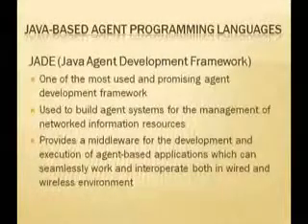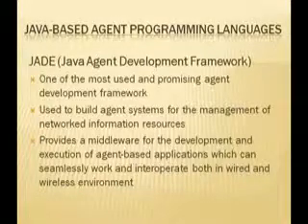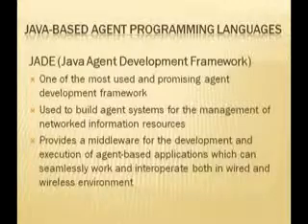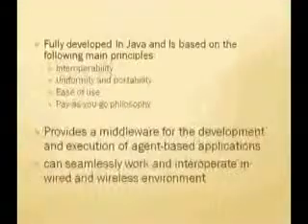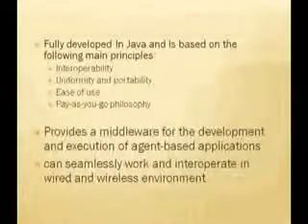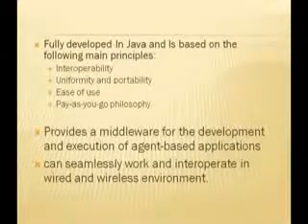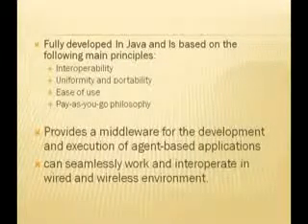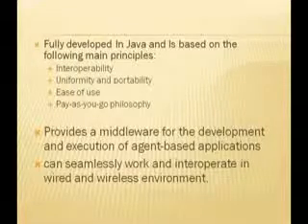Jade is more of a framework which provides an environment to build agent-based systems, especially for managing network-oriented operations. The operation of Jade is based on a number of principles which enables its functions. These are interoperability, uniformity, and portability, which is one of the important features needed for effective communication over the network.